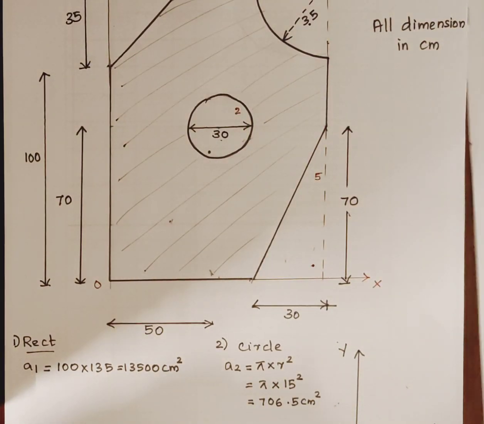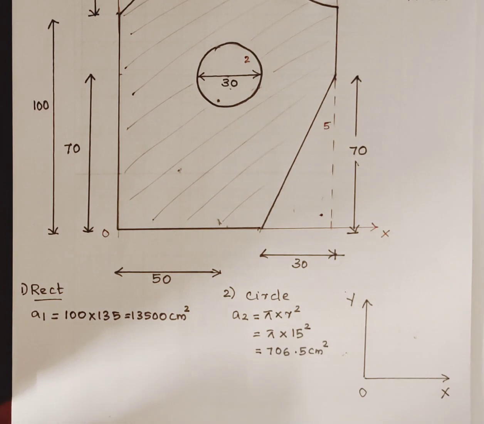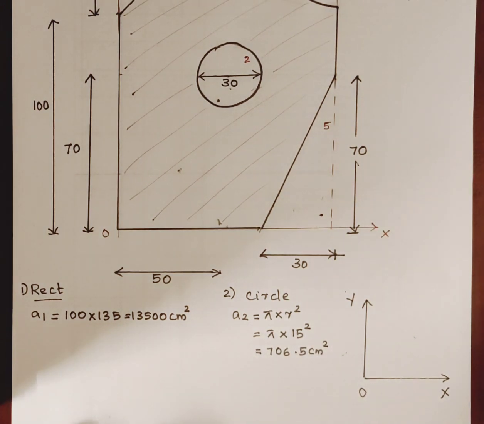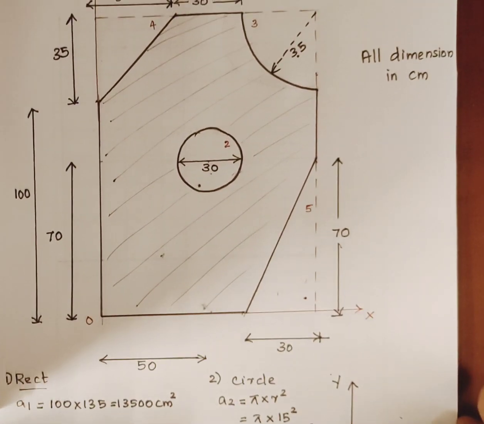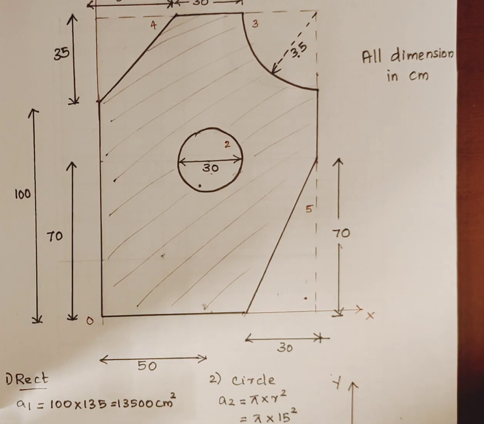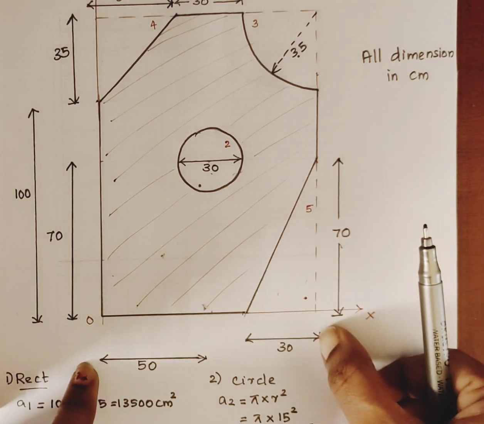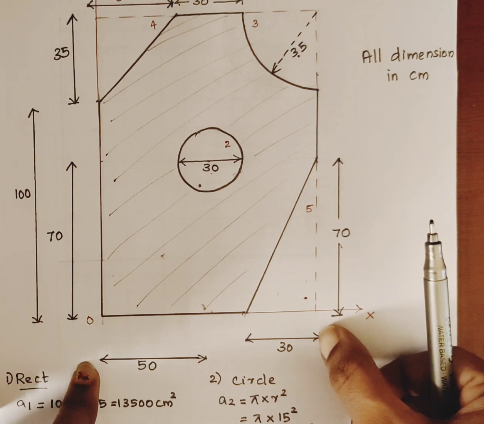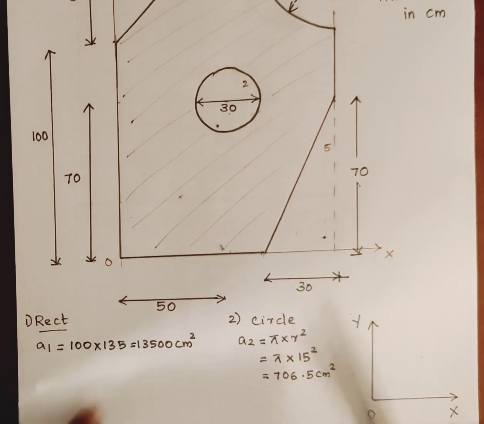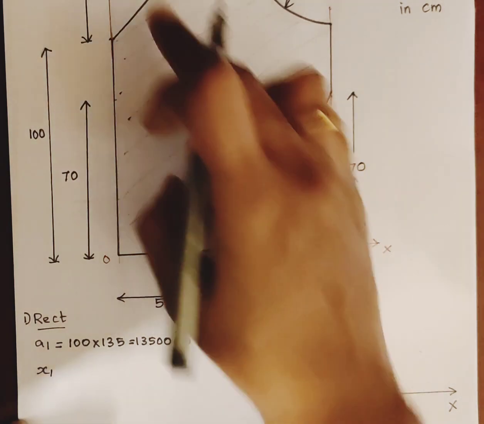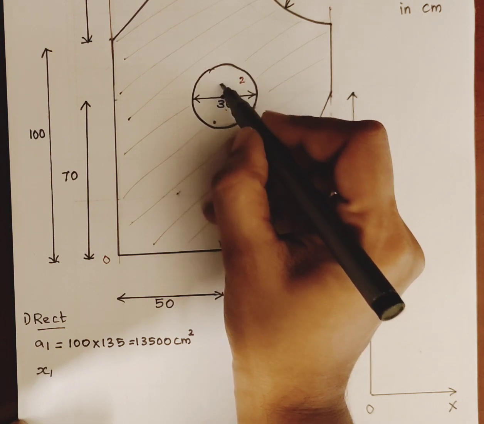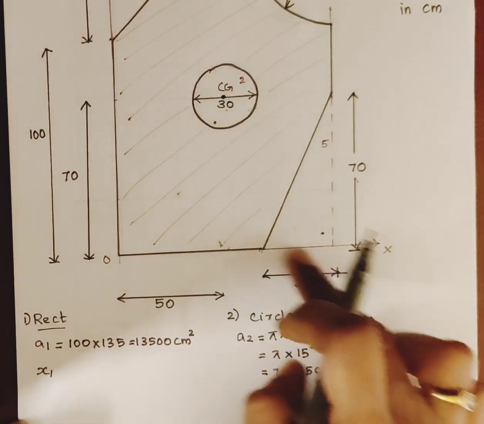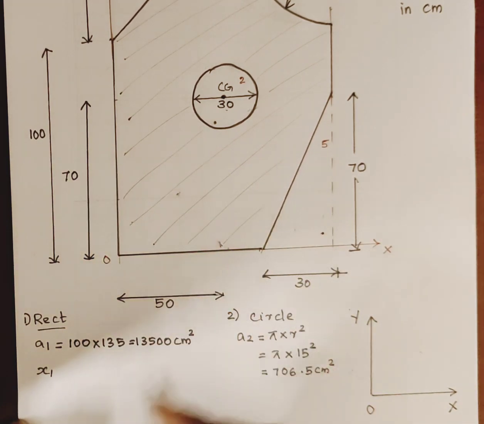So the next step is you have to calculate the position of the centroid. First figure is this rectangle. For the rectangle, its centroid is at the geometric center. So this width is equal to 100, so the centroid is at a distance 100 by 2. So x1, that is measured with respect to the OY axis, is equal to 50.